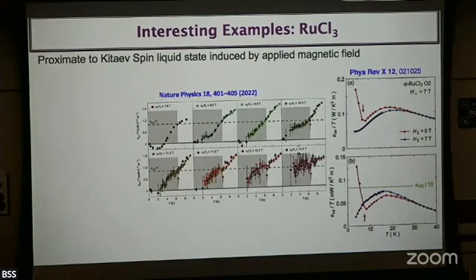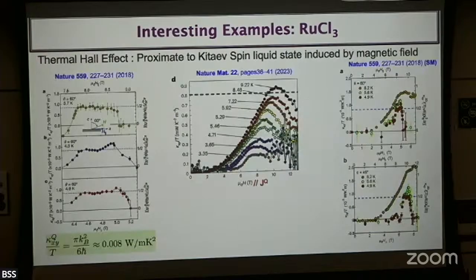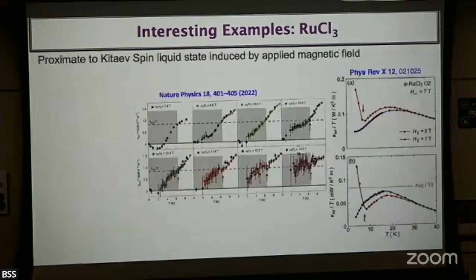But then many other results follow. This is all ruthenium trichloride. I'm showing it here because in these the field is the x-axis, and in this one temperature is the x-axis.